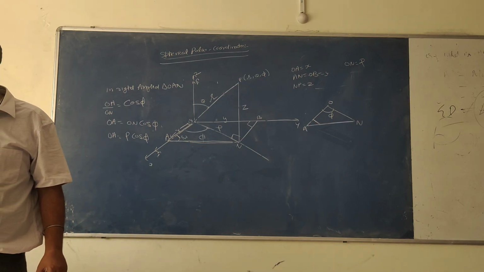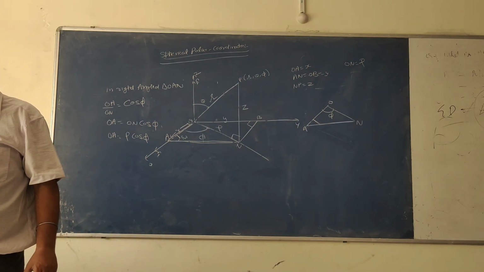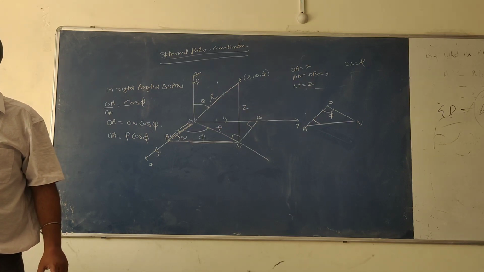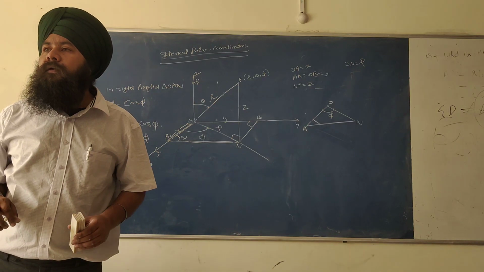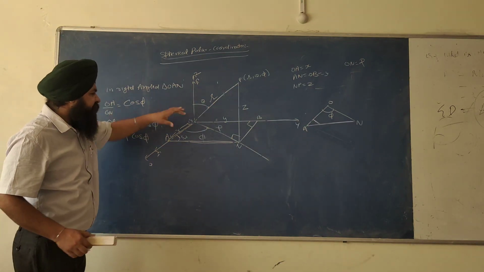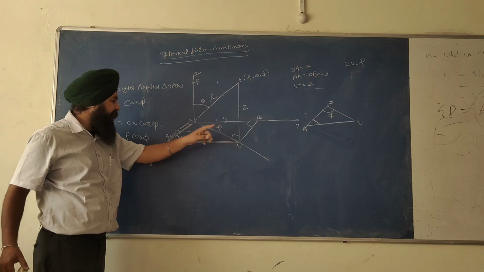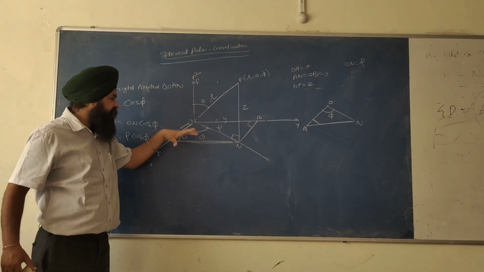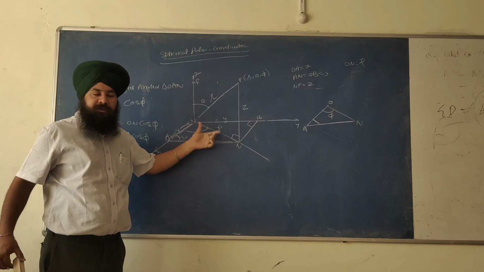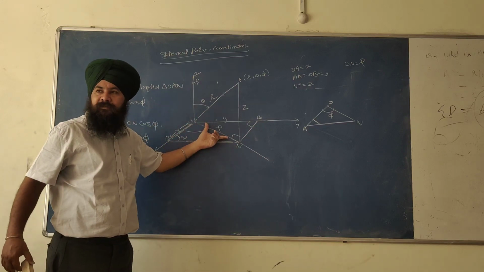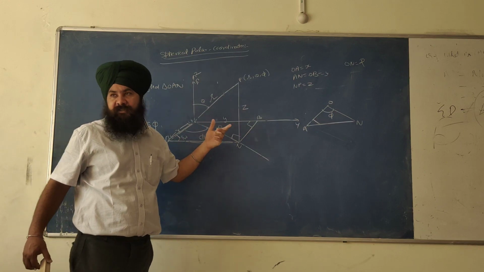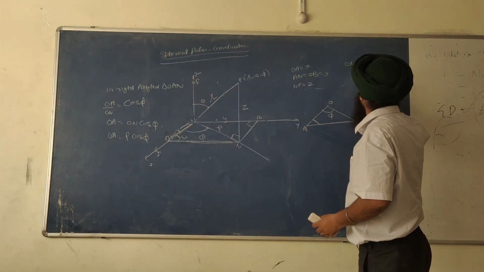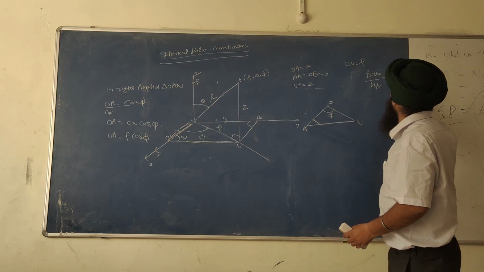Any doubt? Yes. समझ नहीं आया? Repeat this part. See, in this triangle OAN, OA is the base. This is perpendicular. This is hypotenuse. So base upon hypotenuse is cos of angle.